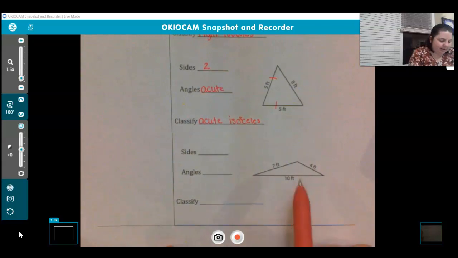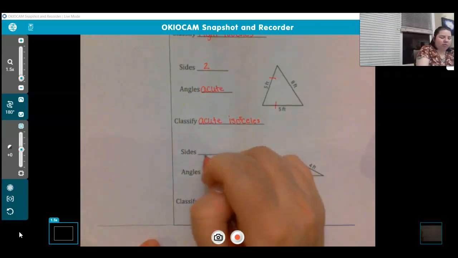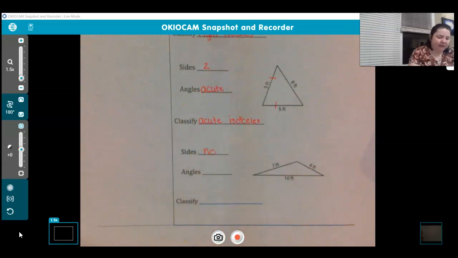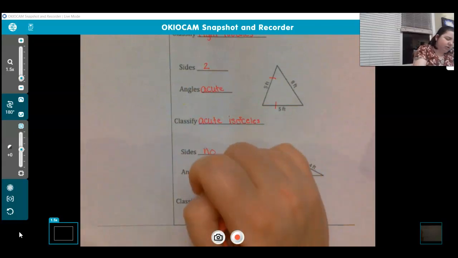Okay. So if I look, I have 7 feet, 4 feet, 10 feet. I have no congruent sides. If I look, this is definitely an obtuse angle. It does not have a right angle marking that is bigger than a right angle. So I have an obtuse angle.